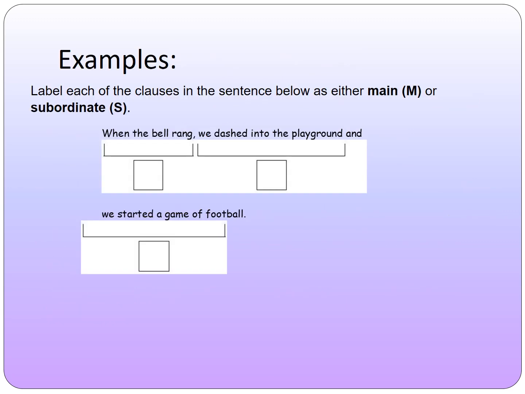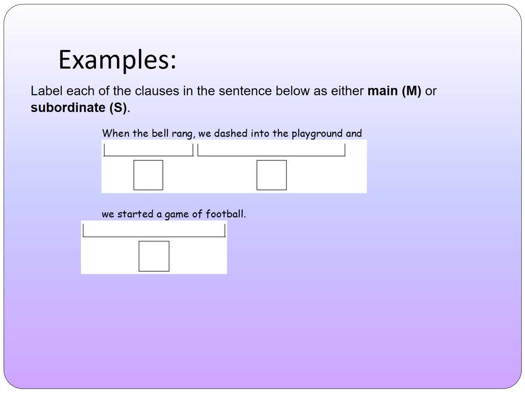Let's look at some of the examples that you will find in your workbook. Label each of the clauses in the sentence below as either the main clause or the subordinate clause. In your head, read each of the parts of the sentence. Remember, if it makes sense on its own, it is the main clause.